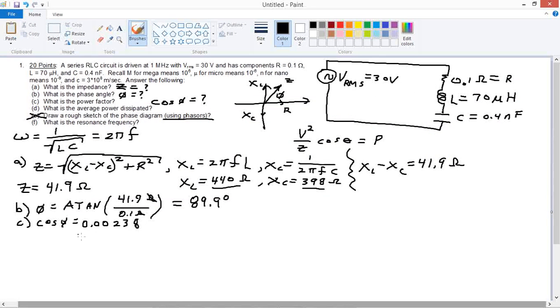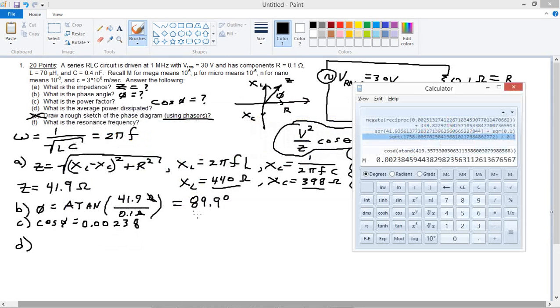Okay, D, power. There we go, use this formula. We already got the cosine of phi. We multiply by V squared divided by Z. Times 30 squared, that's V squared, and then divided by the impedance, which is 41.9.